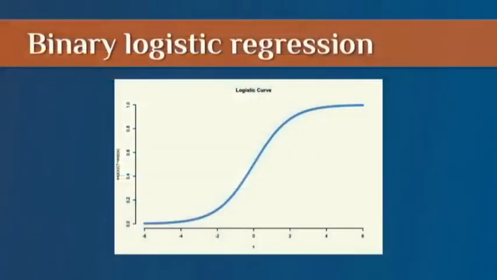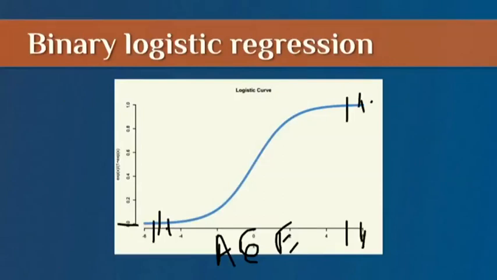Imagine we're trying to predict, say, the diagnosis of some disease that's much more common in elderly adults than in younger adults. We could have, on the x-axis, age. If we're predicting the diagnosis, then at the lower end of the age distribution, I'm going to predict a bunch of zeros, and at the higher end of the distribution, I'm going to predict a bunch of ones.